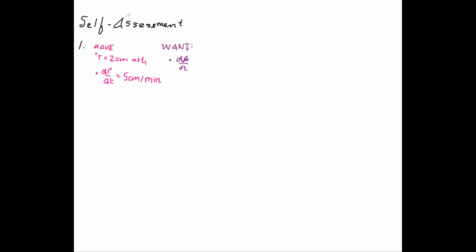Exactly. So we have this area. We can sketch it out, where we have a circle, and that's a little bit oblong, but that's fine. We have a radius, and this is R, and R is increasing.